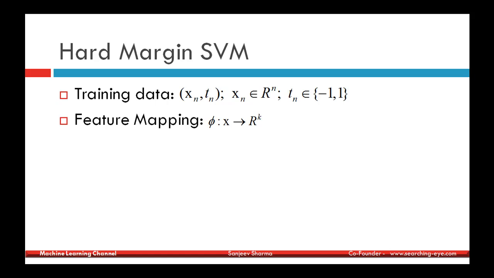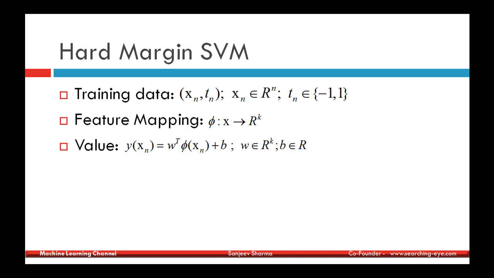So we have a feature mapping phi, where phi maps the input instance x to a vector in Rk. That is, we have k basis functions for representing our input training instance xn or x.